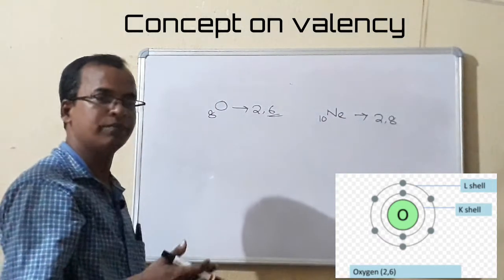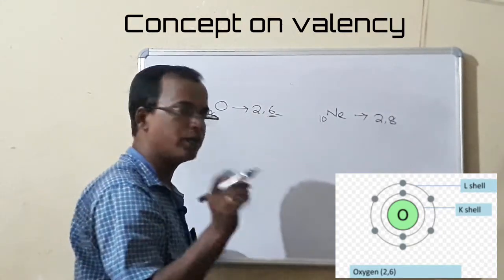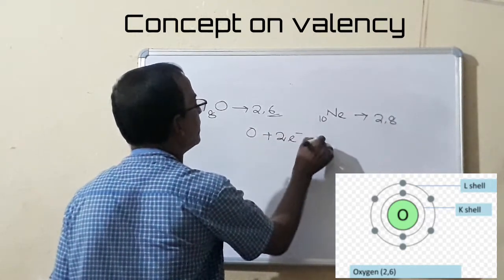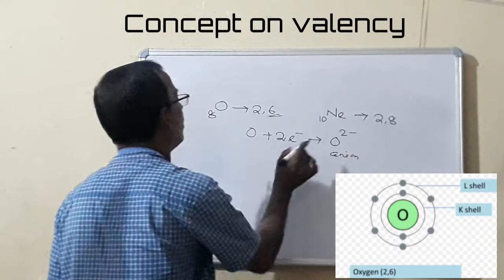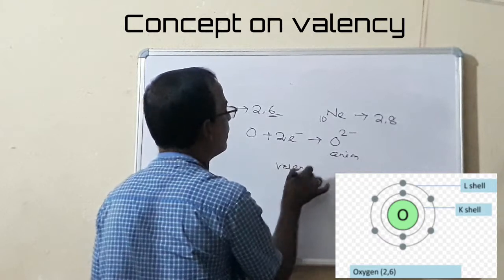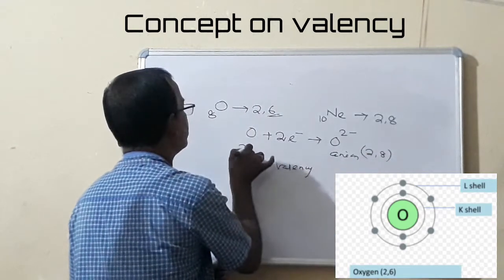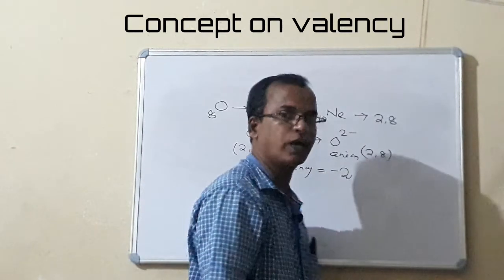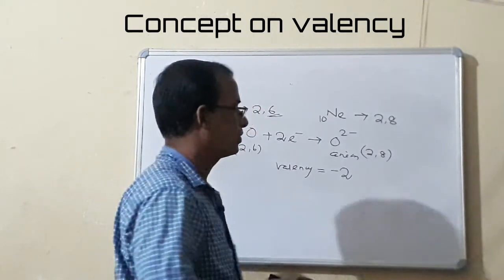By gain of 2 electrons, oxygen forms O2 minus, an anion. Its electronic configuration now is 2, 8, but before it was 2, 6, so valence is equal to -2. Valence of oxygen is -2 by the gain of electrons.